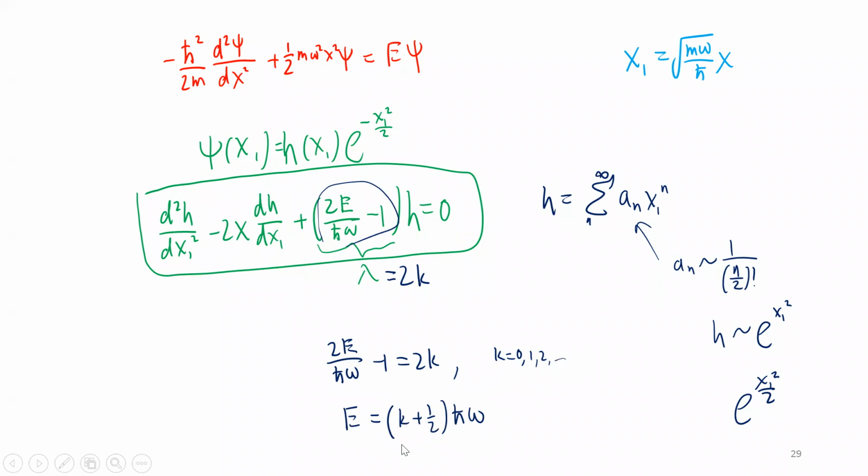This is the energy level for your quantum harmonic oscillator. The ground state is 1/2 h bar omega. Every state that you go up, you increase by h bar omega, instead of having a continuous increase in your energy.